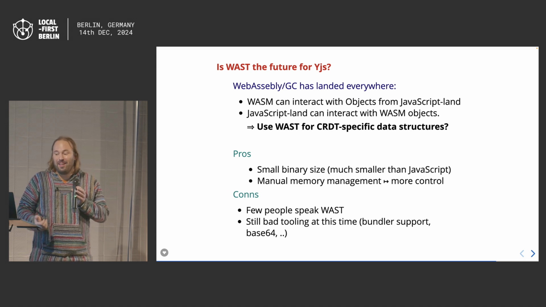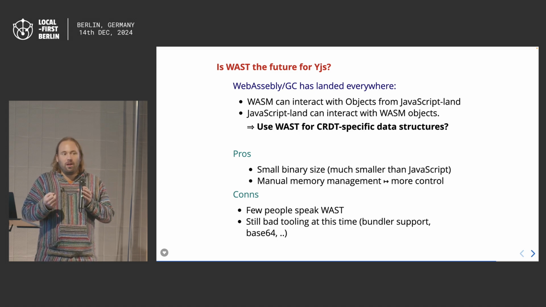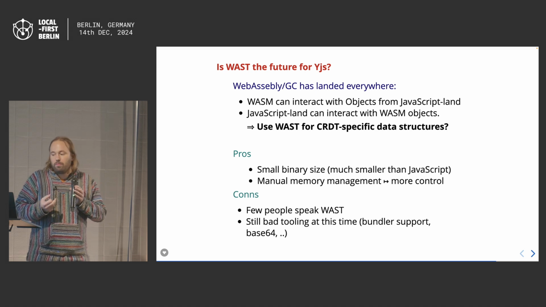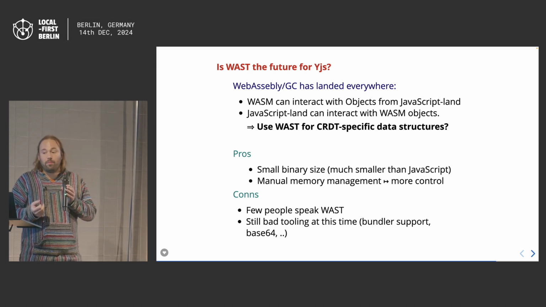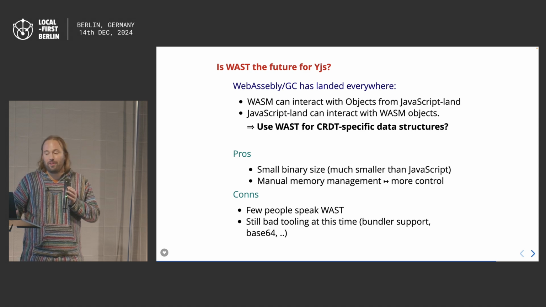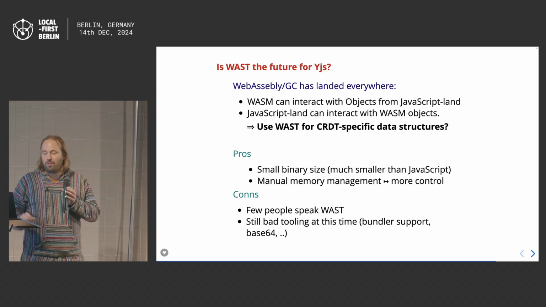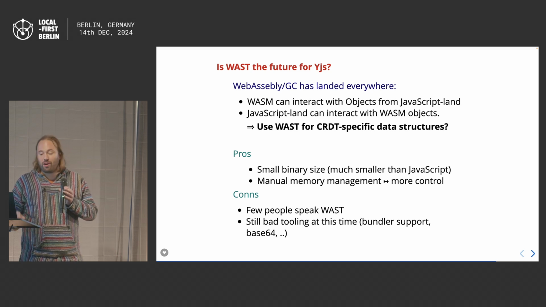That's my thinking. We have a really small binary size, and we have manual memory management. We can add some really cool performance improvements, basically, and we can build data structures that we could never implement in JavaScript itself. So that's kind of where I want to go with performance optimizations in JavaScript.